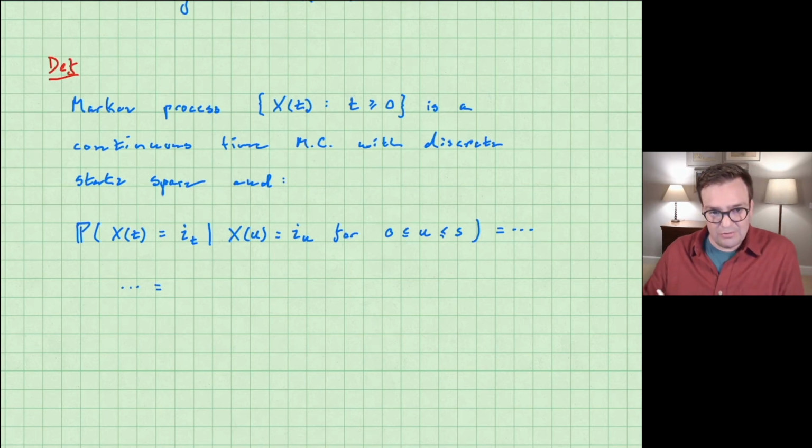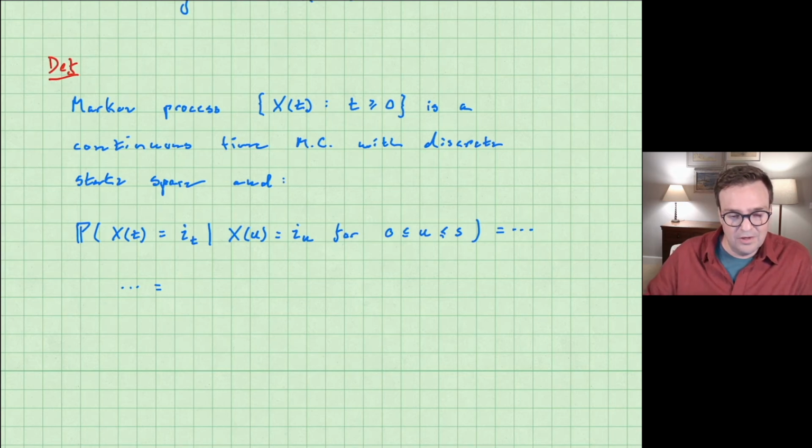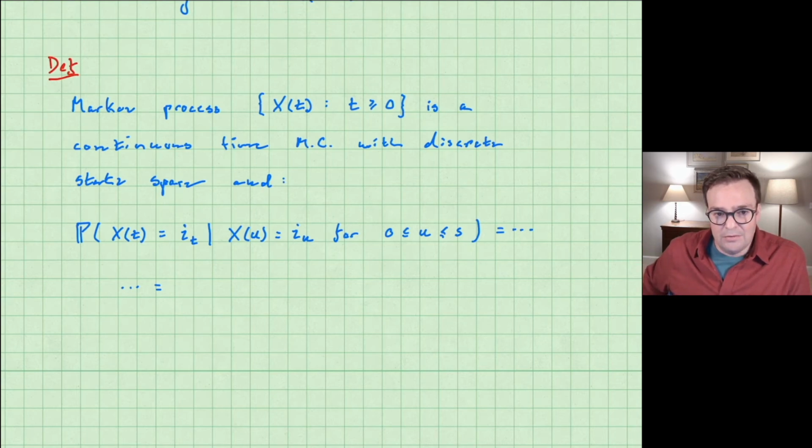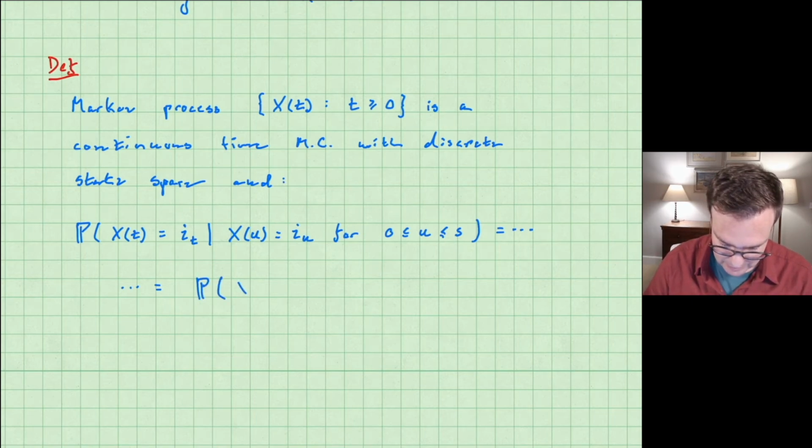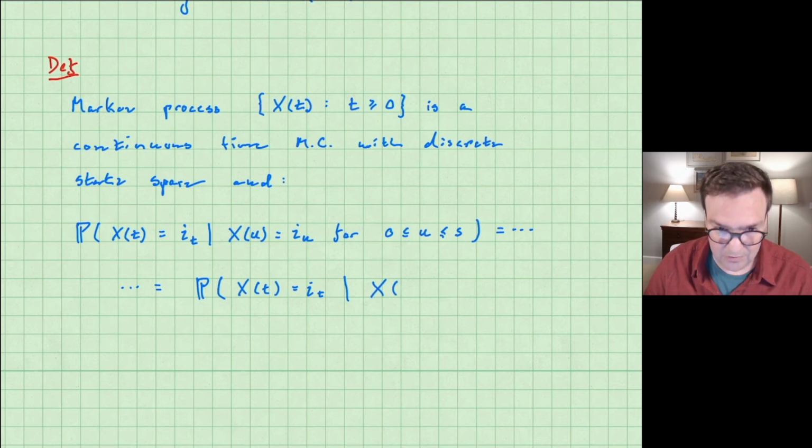The generalization of the memoryless aspect is that, remember before, we would erase all of the times earlier than the nearest one. We're going to do that again. It turns out that you don't need to pay any attention to x of u except at the nearest you can get to t. So this is equal to the probability that x of t is equal to I sub t, given that x of s is equal to some I sub s.